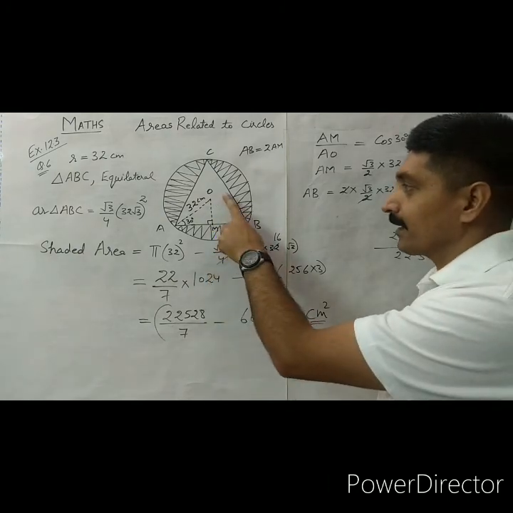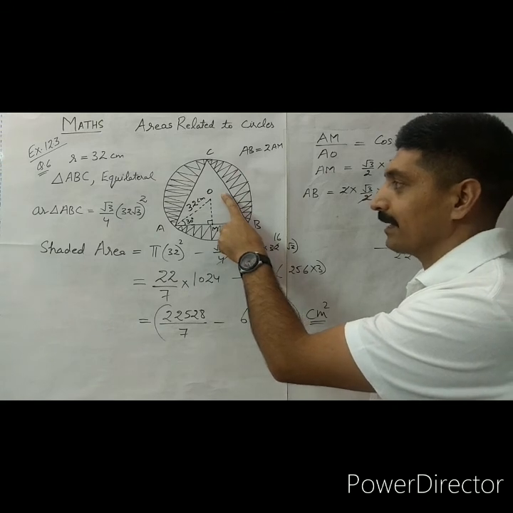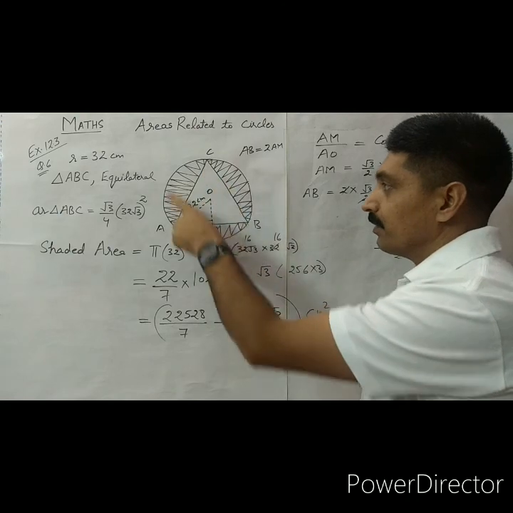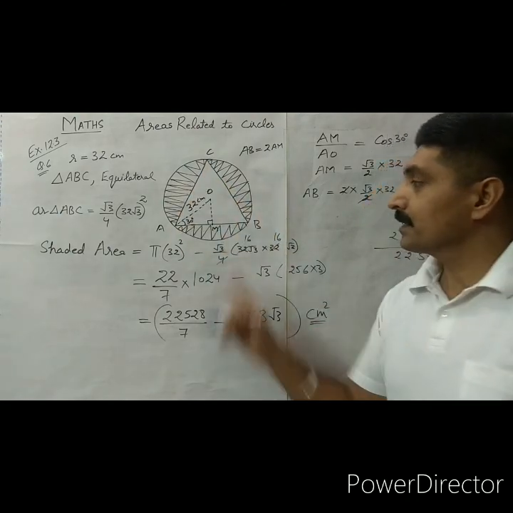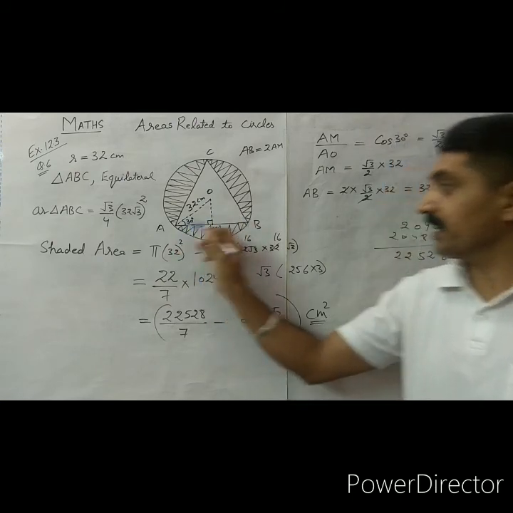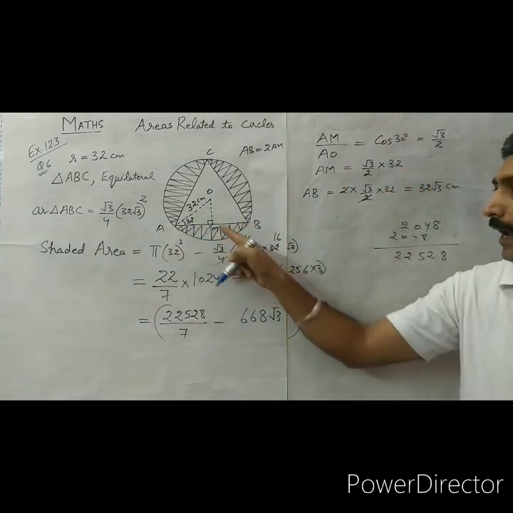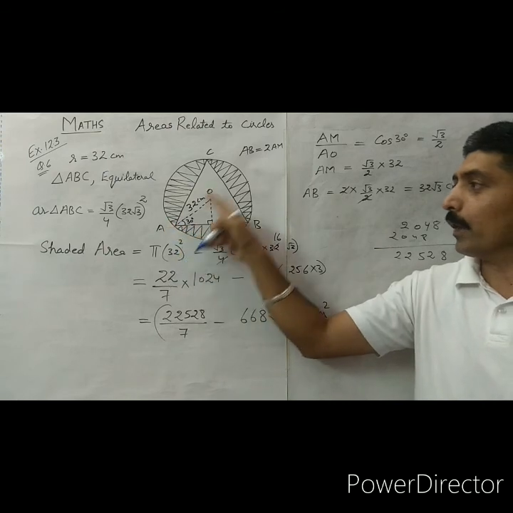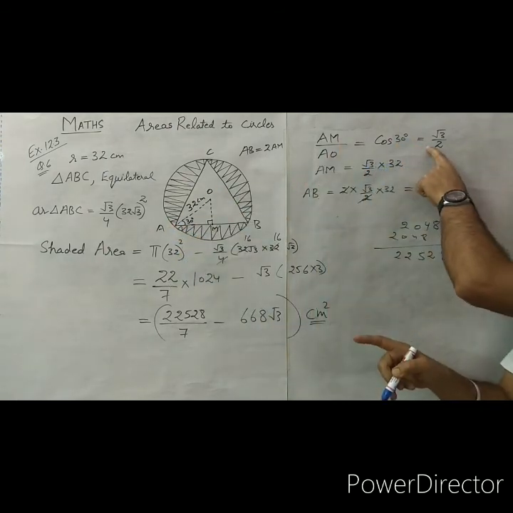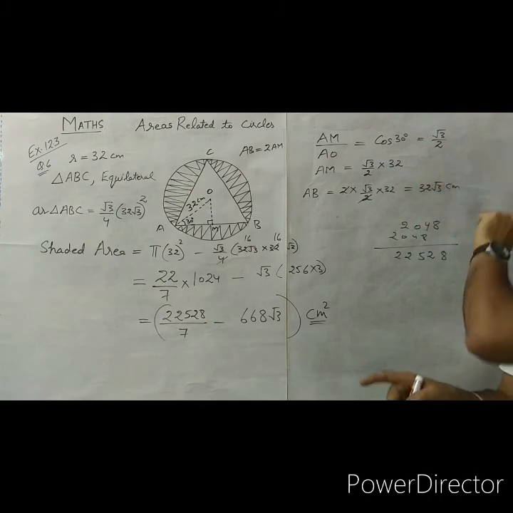Now we have a right angle triangle OAM. So here equilateral triangle, all angles are 60 degree. So this angle OAM is 30 degree. So here AM upon OA is equal to cosine of 30, and we have substituted the value of cosine 30, under root 3 by 2.